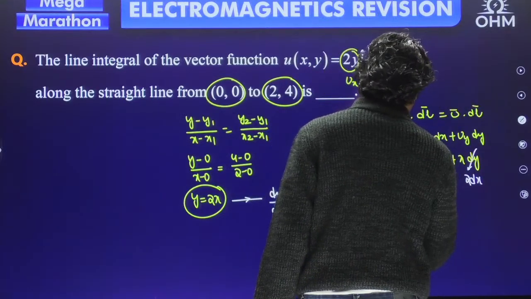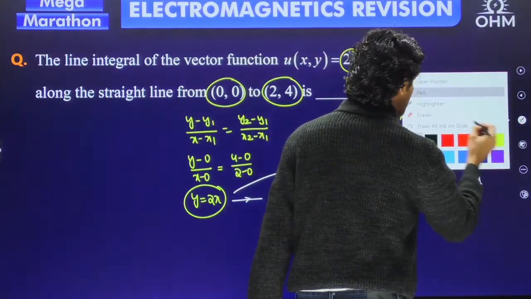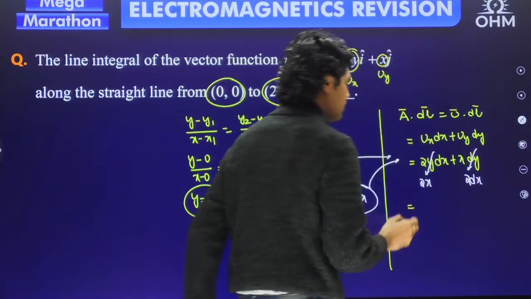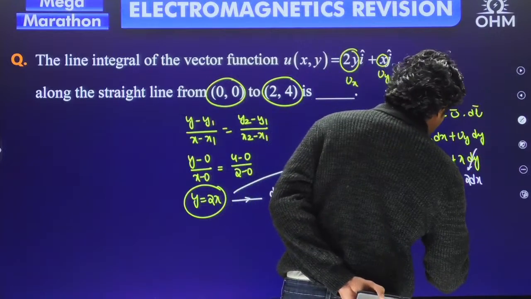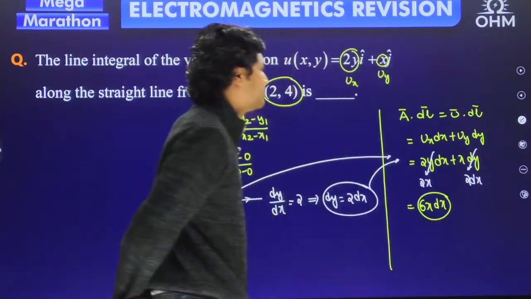So I'm replacing y and dy with the corresponding x terms, and then what do we get? 2 into 2 is 4, 4x, plus 2x, that is nothing but 6x dx.